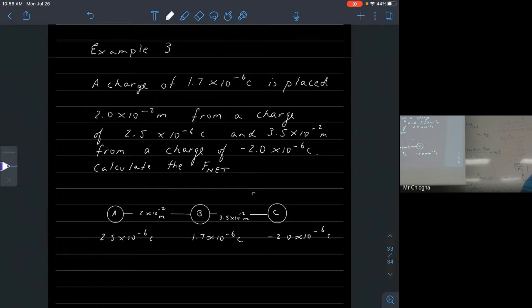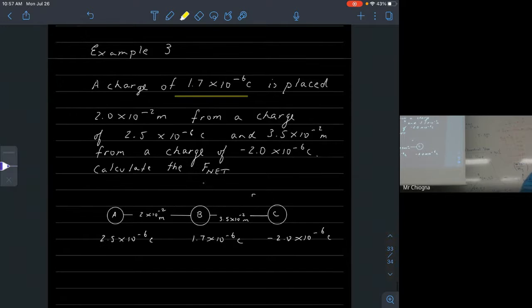Okay, so let's reread it. It says the charge of this is placed 2 times 10 to the minus 2 meters from a 2.5 microcoulomb charge. So it's this charge here that's being acted on. That's in the middle. And it's 3.5 times 10 to the minus 2 meters from a negative charge. So charge B is what's being acted on. That's in the middle.